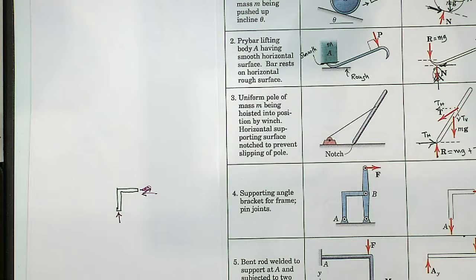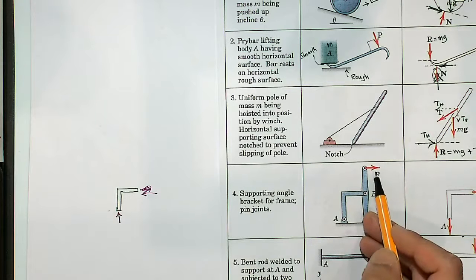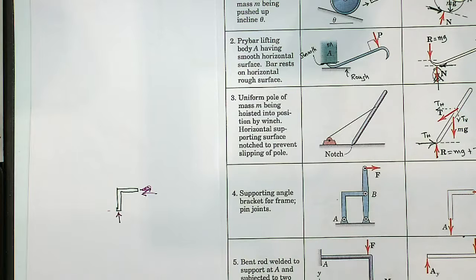The bar is still weightless. It has got only one force F there. There could be no horizontal force here. So how will that force go? That means there will be no horizontal force anywhere in there. Go on.